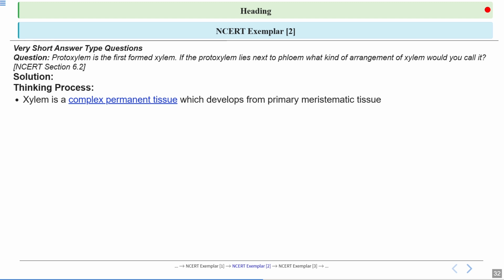Thinking process. Xylem is a complex permanent tissue made up of four different types of cells: tracheids, vessels, xylem fibers, and xylem parenchyma, right? Which develops from the primary meristematic tissue. All four types of cells develop from the primary meristematic tissue. They combine together and form a very complex structure that is called permanent tissue. Why is it called complex tissue?